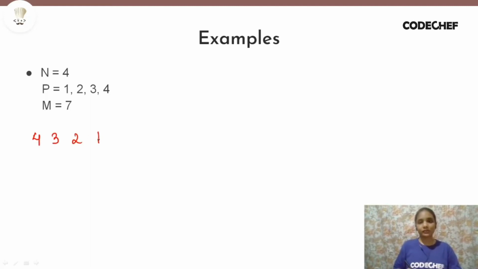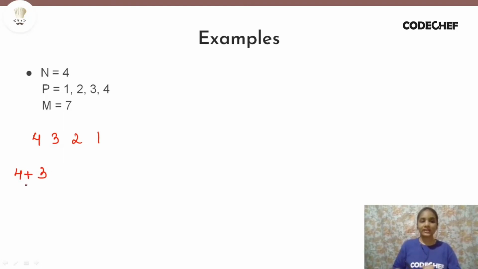Now all we need to do is select the maximum element starting from index 0. So at index 0 we have 4. So we will select 4. Now we will check if 4 is greater than or equal to M, that is 7. 4 is not greater than or equal to 7. So again we will add 3 to it.